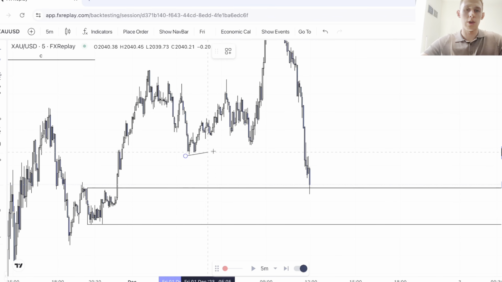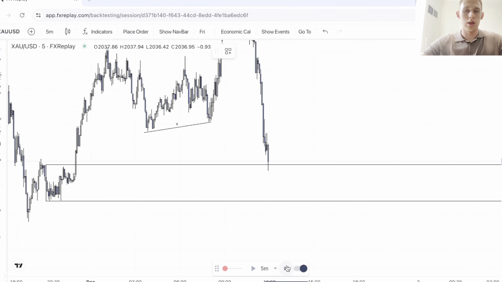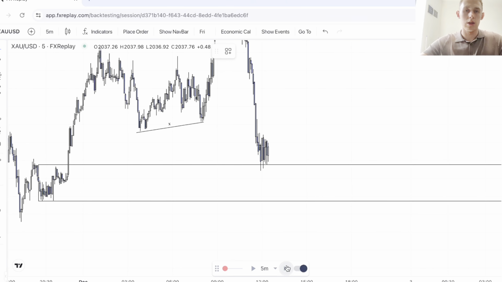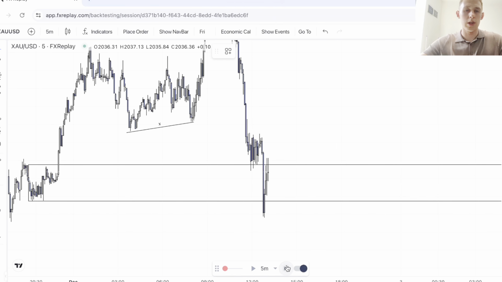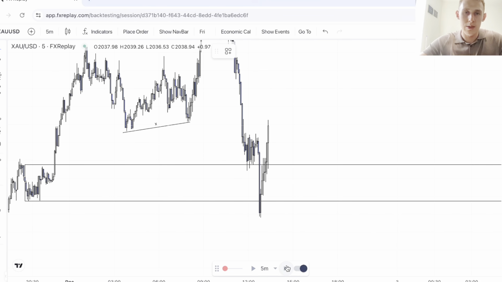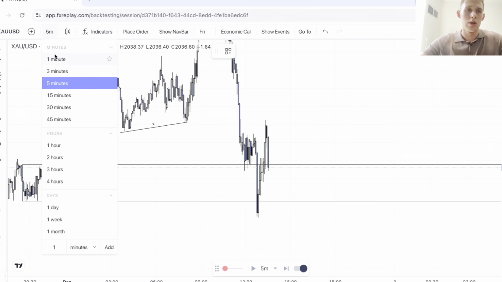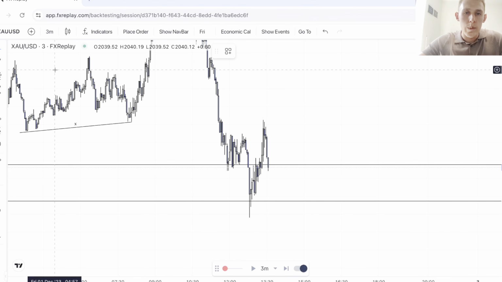Also going to draw this on to remind me, we've seen a sweep of these lows. So let's have a look. Cool. The demand was swept, but this is still valid for now. And I'm just going to enter here.